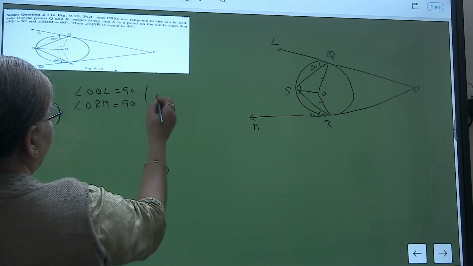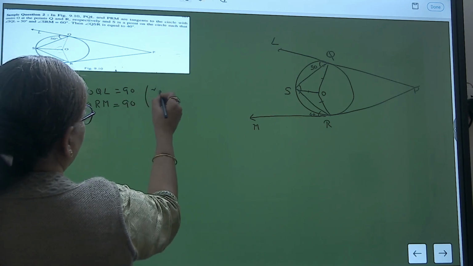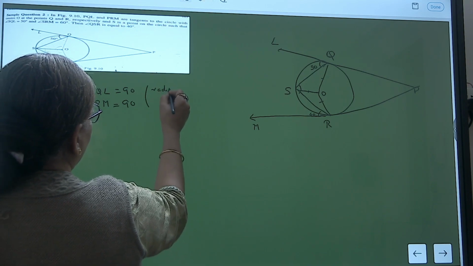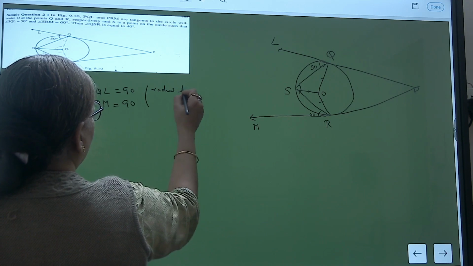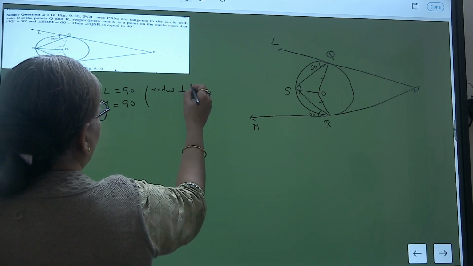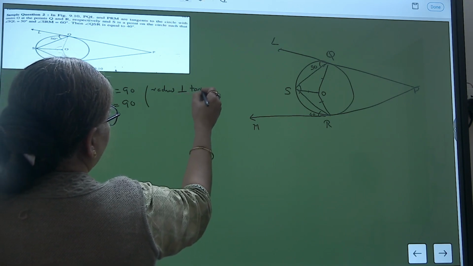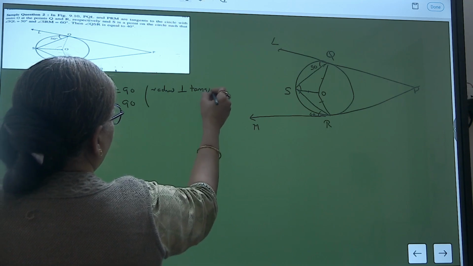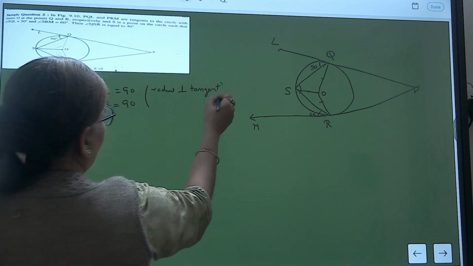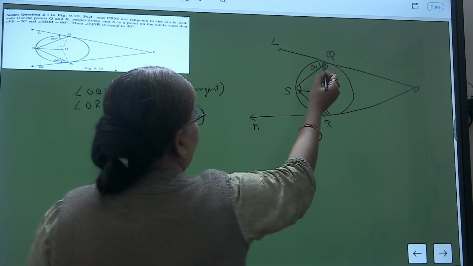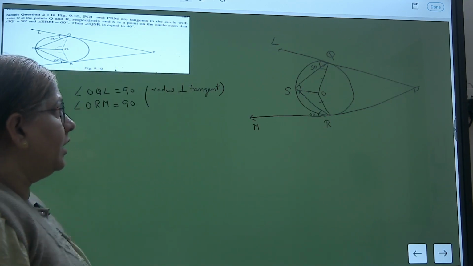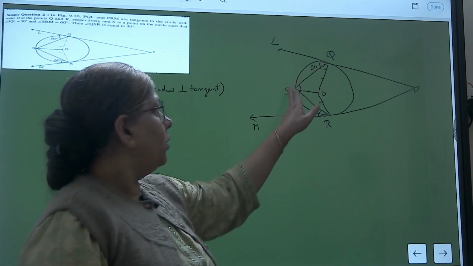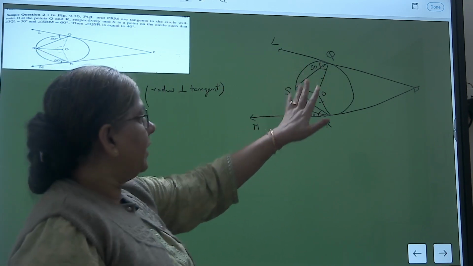You can give the reason, that is radius is perpendicular to the tangent. If this whole angle is 90 degrees, we can easily find OQS, that will be 40 degrees.